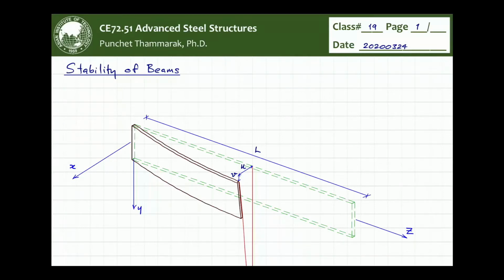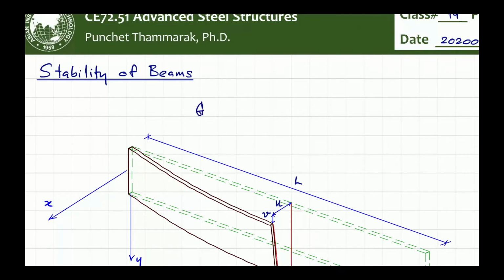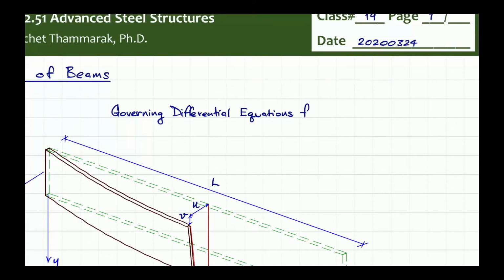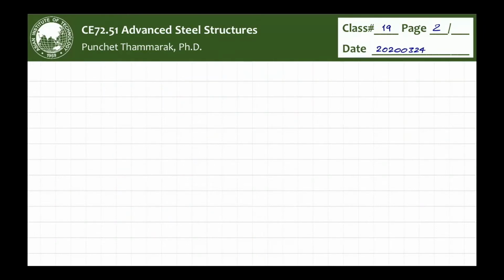Okay, so first of all, the failure mode of beams, or let's say the governing differential equations for beams, for beam stability, are the following.